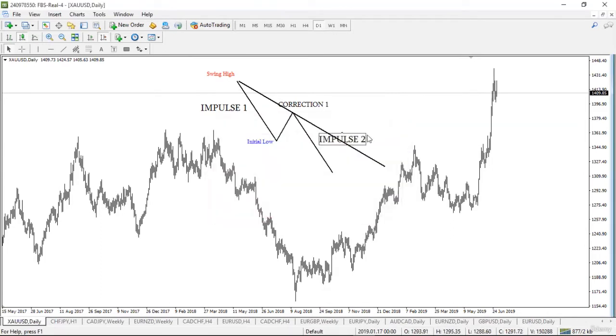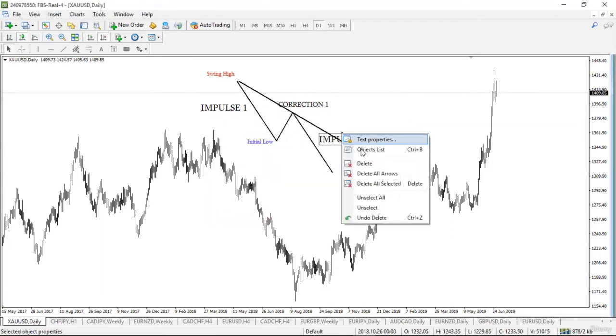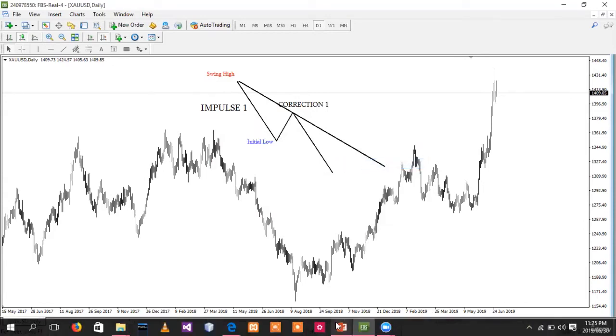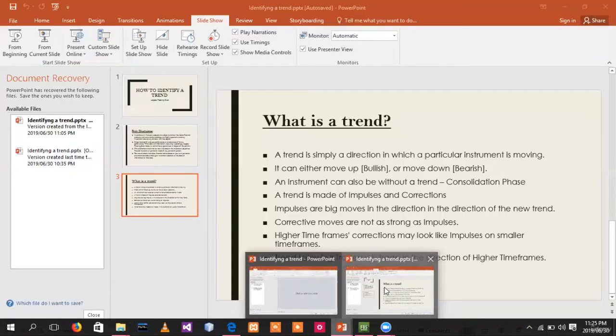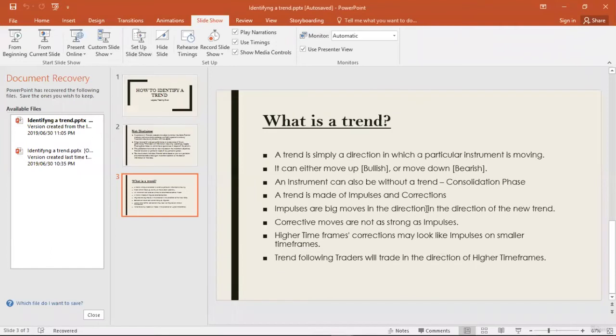But what are the important things to take note of here? Okay, so we say a trend is simply a direction in which a particular instrument is moving. It can either be going up or it can be going down. An instrument can also be without a trend, which is your consolidation phase. A trend is made of impulses and corrections.